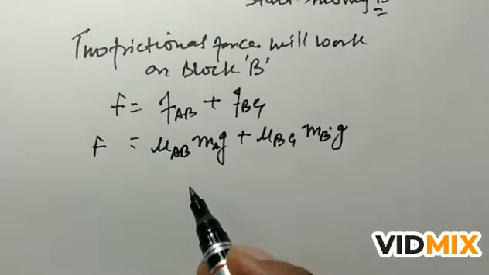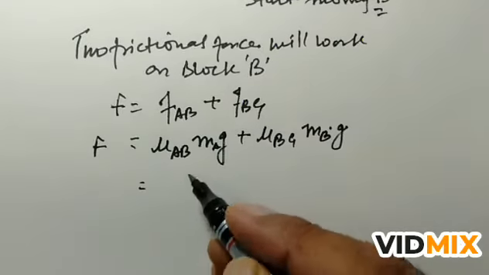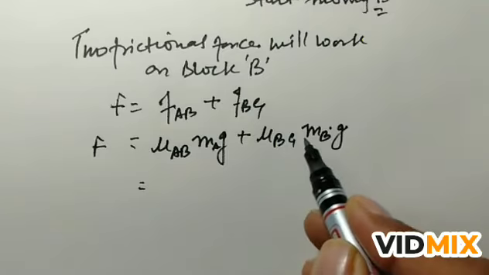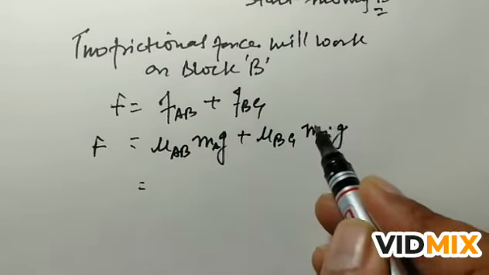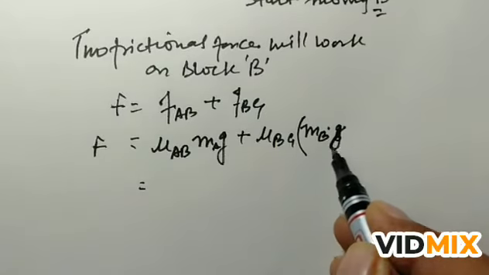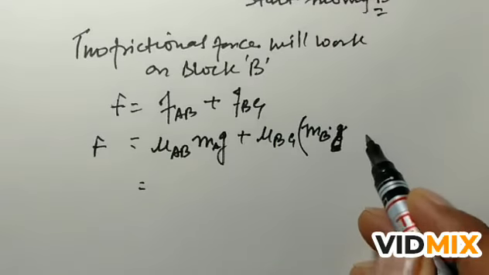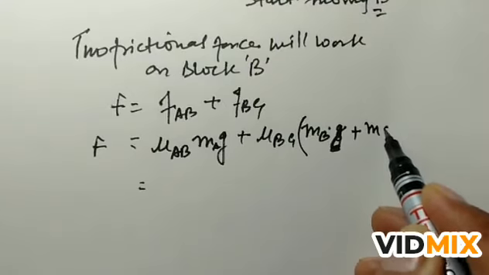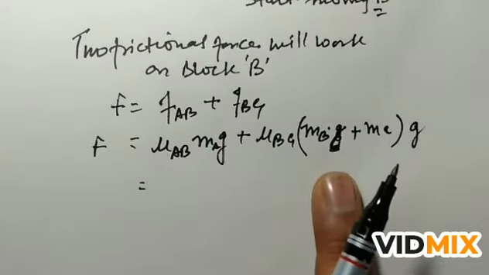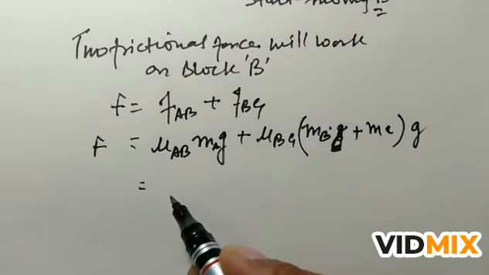If you solve this, here we can write mu BG times MB plus MA, because there are two blocks, no? And g is common outside. So this is the total force. Now put the values here.